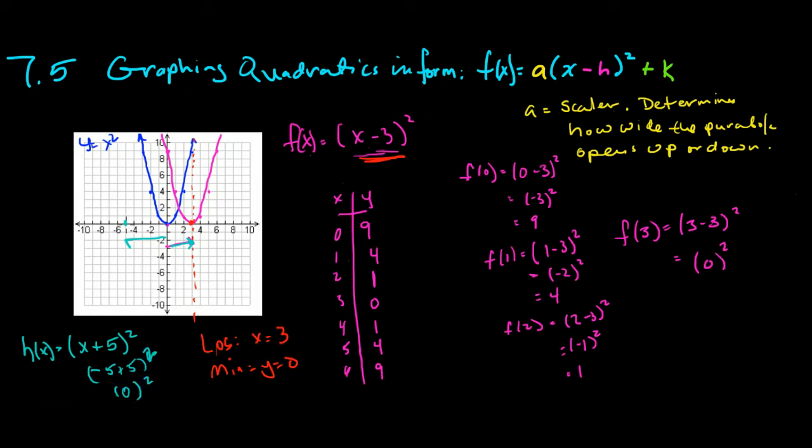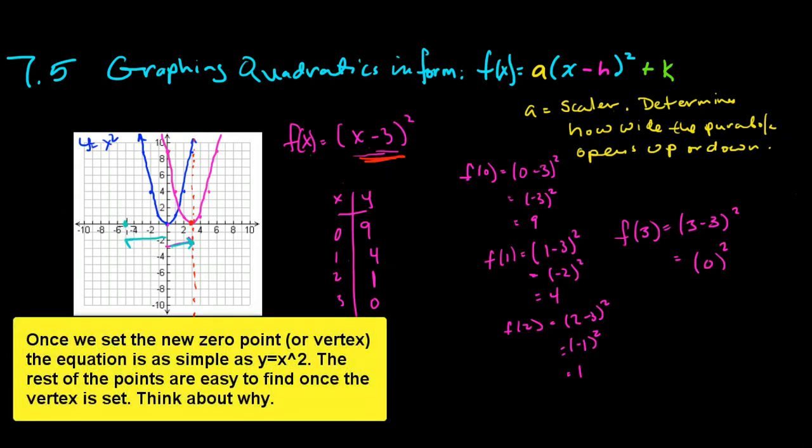So everything else is going to stay the same. From this 0 point, I'm going to go over 1, squared is 1. From this 0 point, I'm going to go over 2, squared is 4. That goes here. From that new 0 point, I'm going to go over 3, squared is 9.